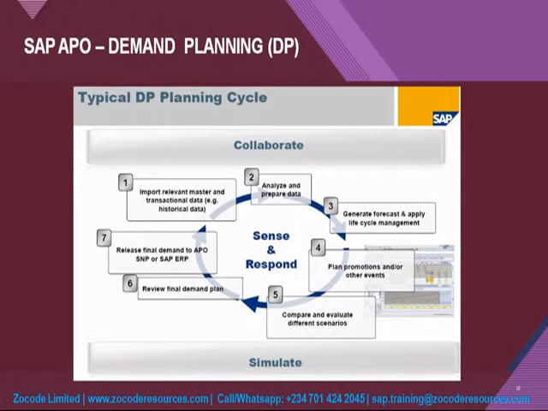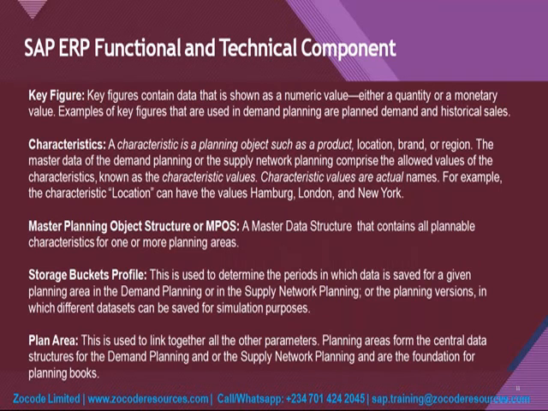The final step is you release the plan to either supply network planning or to the SAP ECC. So to do this, you need to understand some of these terms.